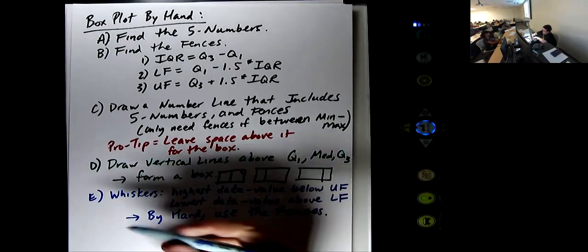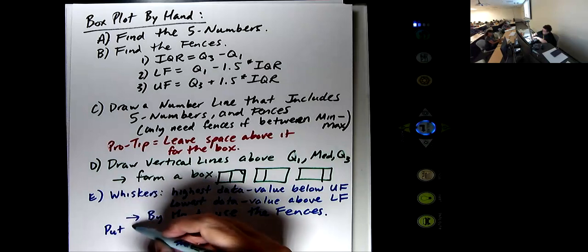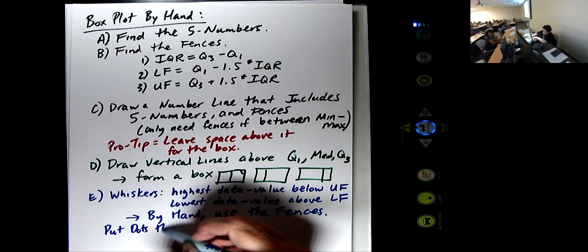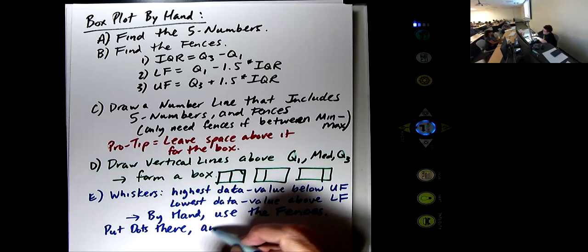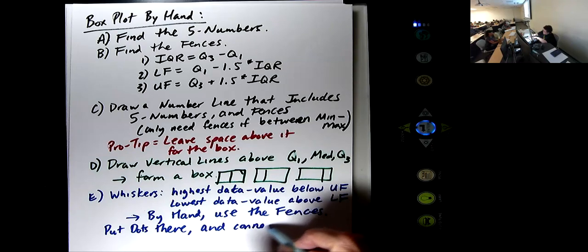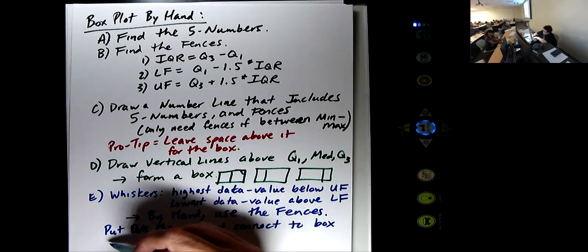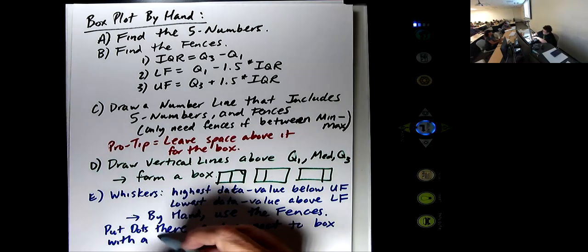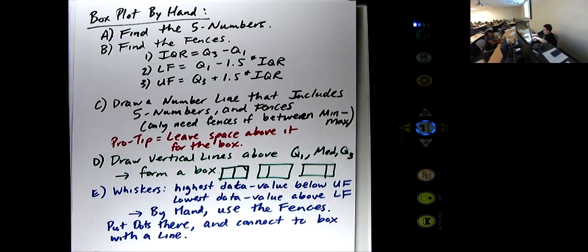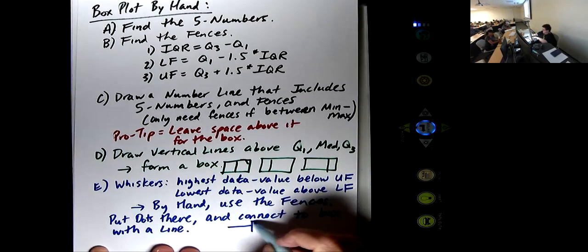So we're going to put dots there and connect them to the box with a line. So our box will look something like this.